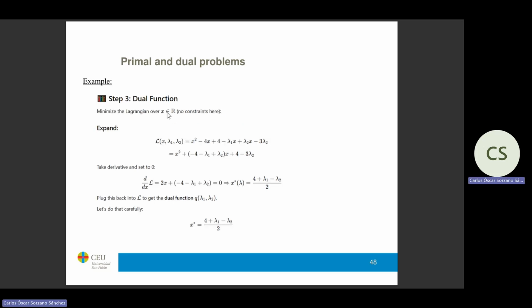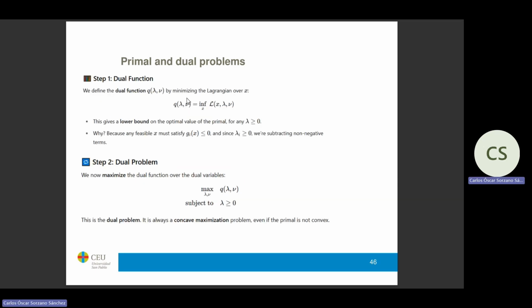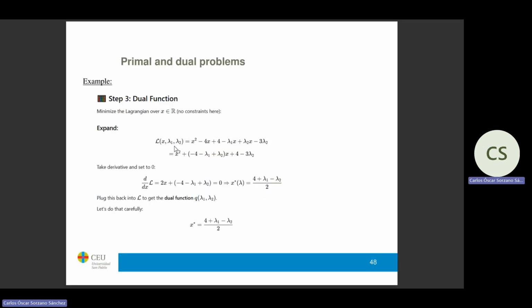Then we have to construct the dual function. Remember, it was the one that minimizes the Lagrangian with respect to x, given all the multipliers. So you have the Lagrangian, you expand it.